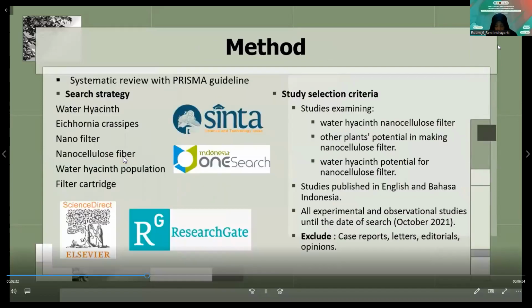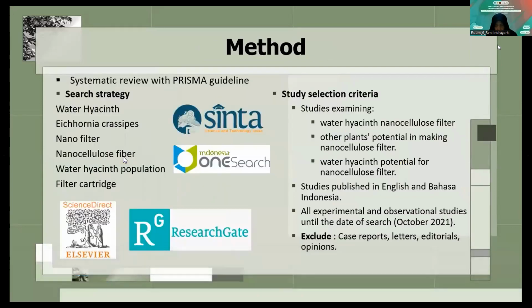This paper uses a systematic review with the PRISMA guideline. We searched throughout Sinta, Indonesia OneSearch, Science Direct, and ResearchGate with the keywords water hyacinth, Eichhornia crassipes, nanofilter, nanocellulose fiber, water hyacinth population, and filter cartridge. We examined the eligibility independently. And we also reviewed cross-references cited in retrieved articles to identify additional relevant studies.